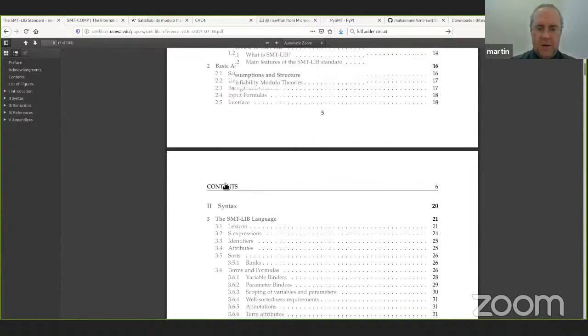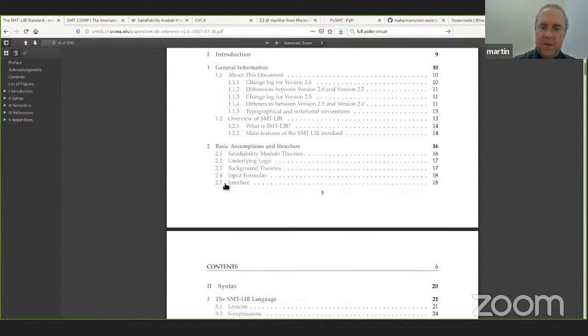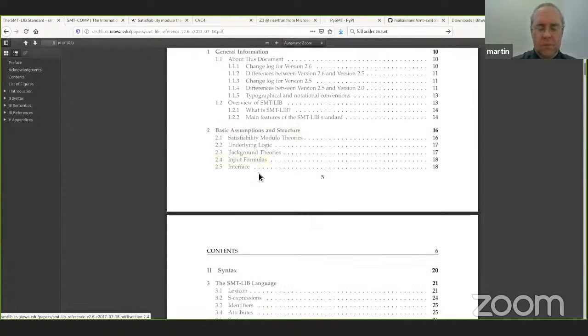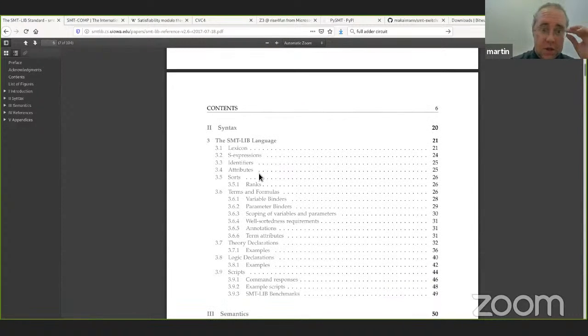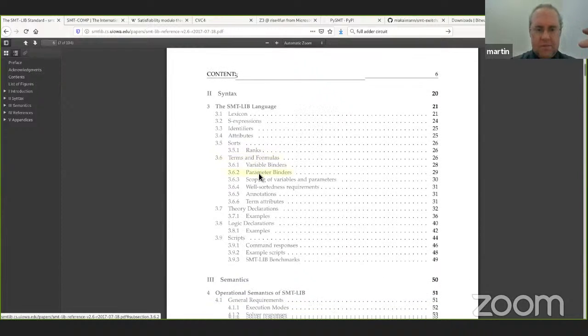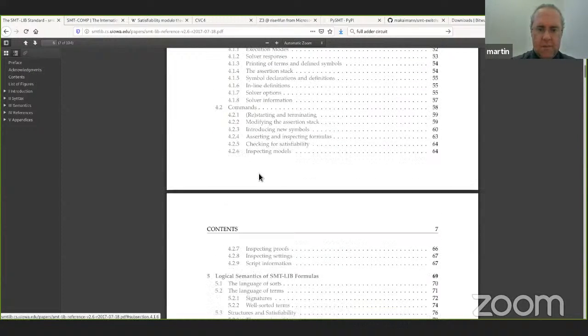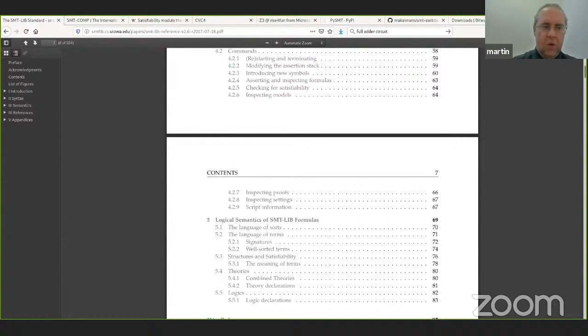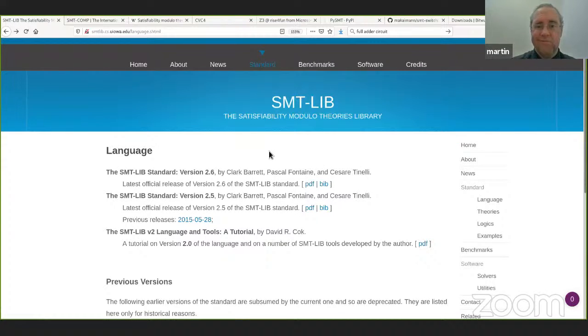It has basic assumptions, talking about what SMT is, syntax, semantics. There's an awful lot in here. There's a new version in the works, SMTLib 3, which should hopefully be out within a year or two.